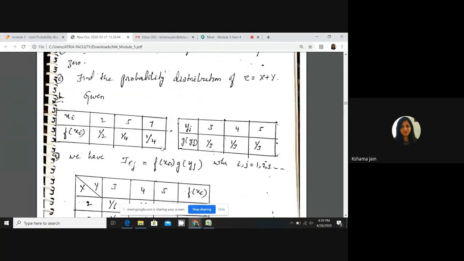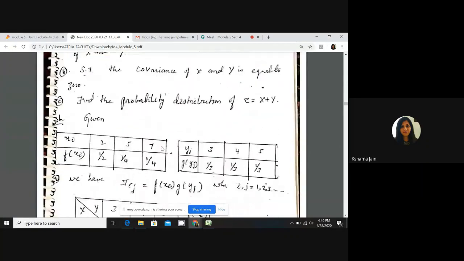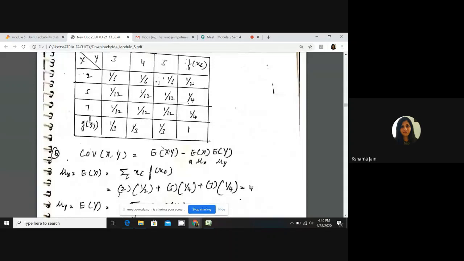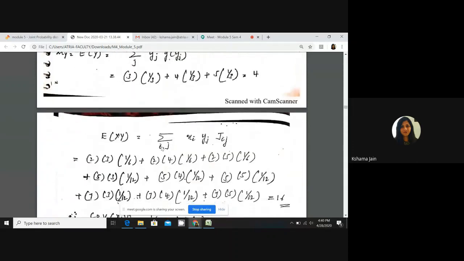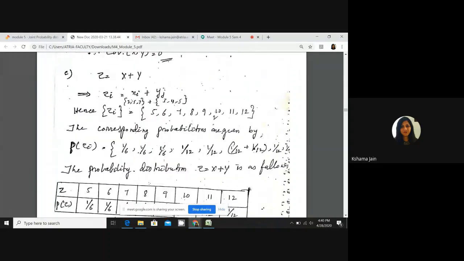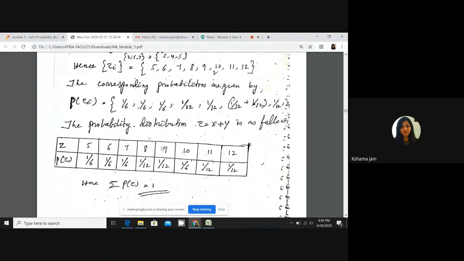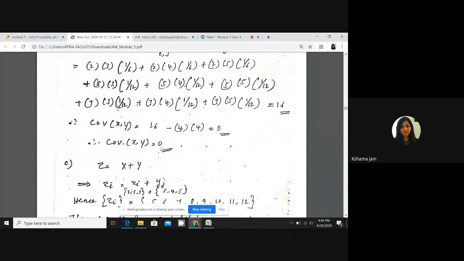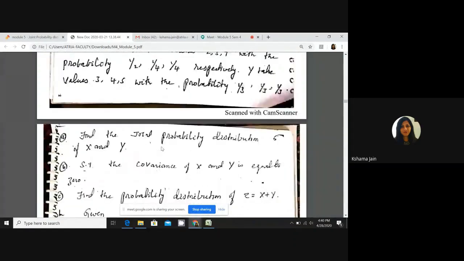Okay, this problem I take. This is nice. You can get confused. Covariance they have asked, and what? This is covariance only. This problem I take. This is of the same kind.